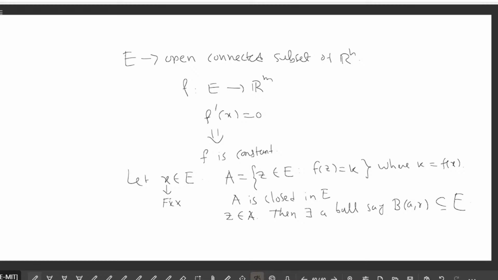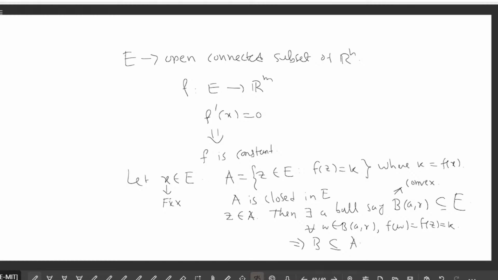That means for all w belonging to the ball, f of w equals f of z, which is nothing but k. This implies the ball is inside of A. So z is an interior point of A, and A is an open set.